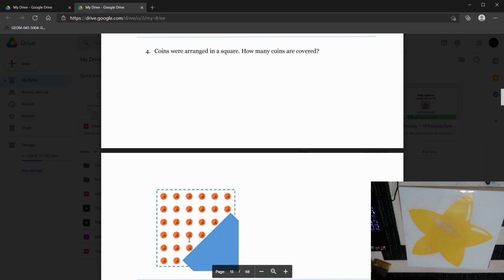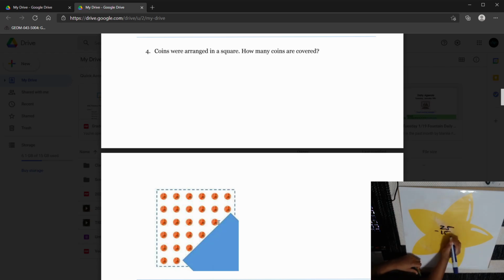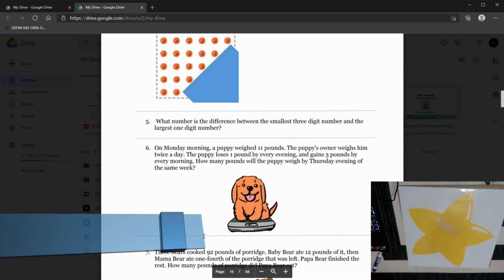And if you count how many squares there are, 1, 2, 3, 4, 5, 6, 7, 8, 9, 10, 11, 12, 13, 14, 15. So that's basically 25 minus 15, and you get 10. So 10 would be your answer. Moving on to number 5.